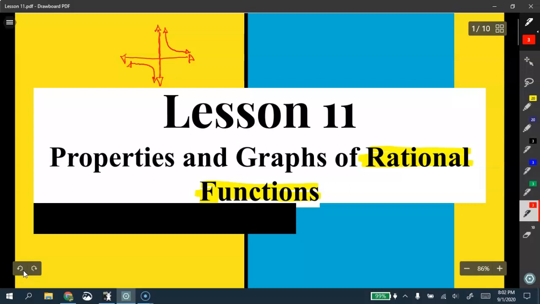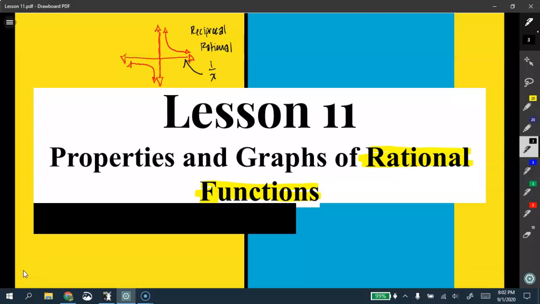If you recall, we used to call this the reciprocal family or the rational family, and its graph was 1 over x. So we're going to spend an entire lesson dedicated to the concept of rational functions.